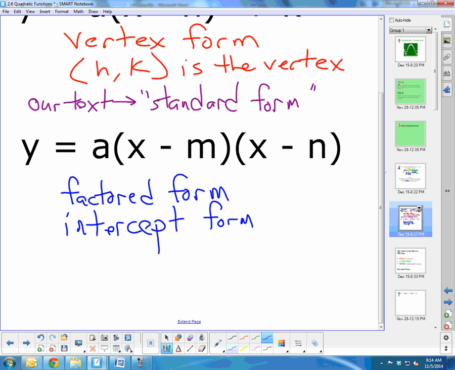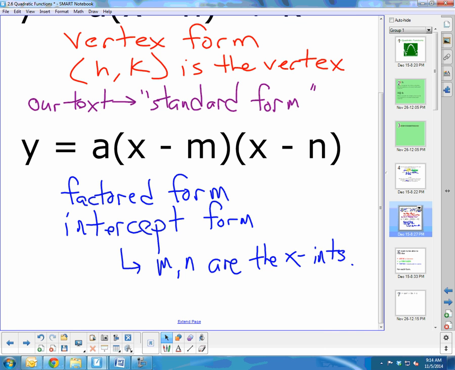And so those are called factors. It is also called intercept form because m and n are the x-intercepts. A little bit tricky here because with linear equations, slope-intercept form, the intercept refers to the y-intercept. For quadratics, intercept form refers to the x-intercepts.